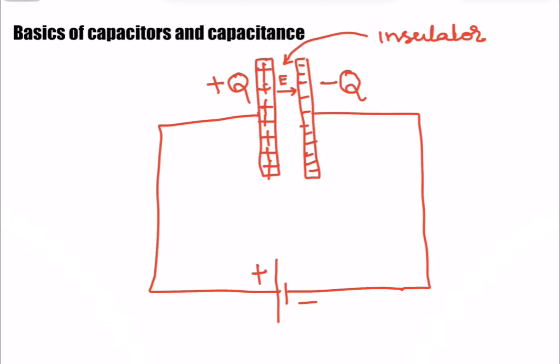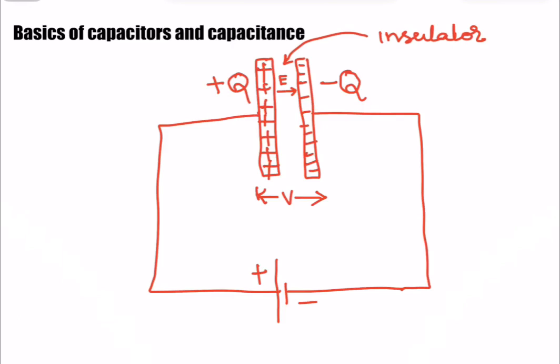Whenever the charges are separated, we say that a potential difference is created between the metal plates. Let the potential difference between the two plates be V volts.